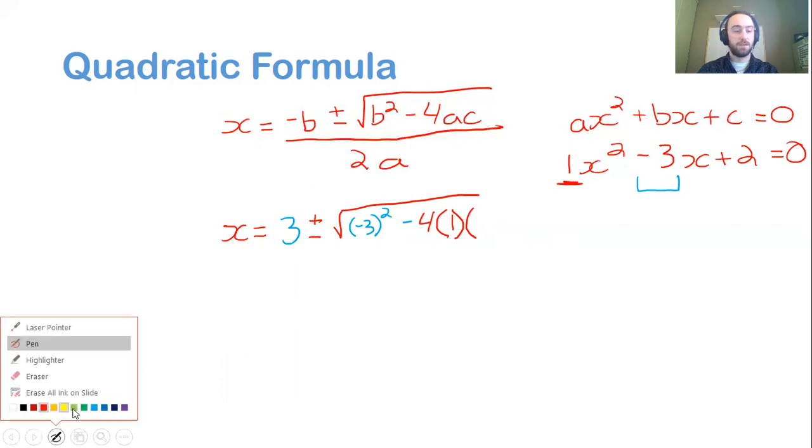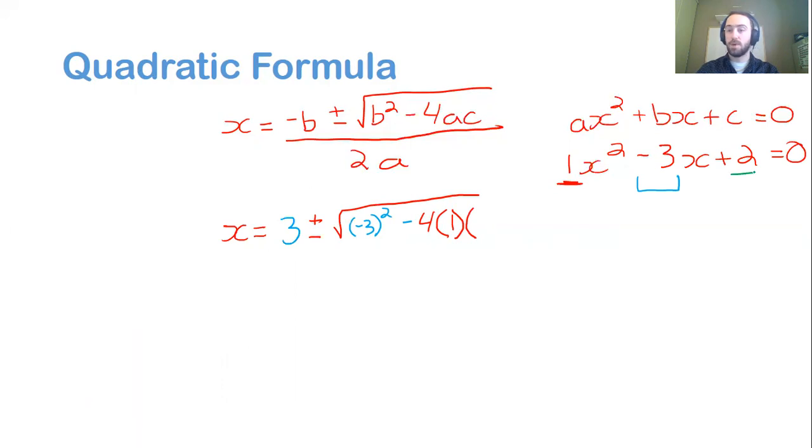Well, c is positive 2. And this is all divided by 2 times a, and a is 1.